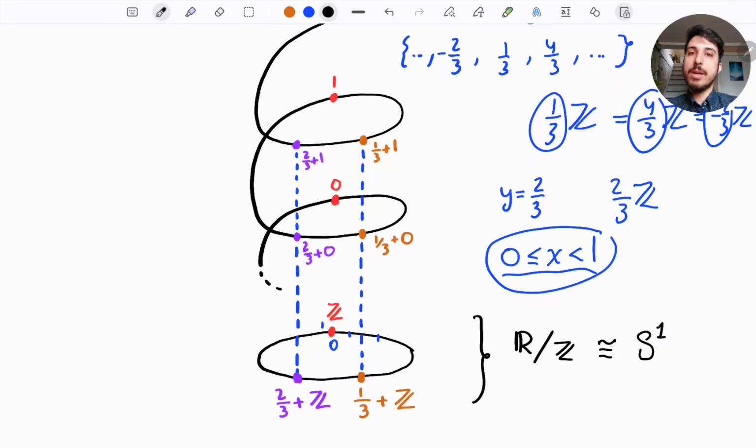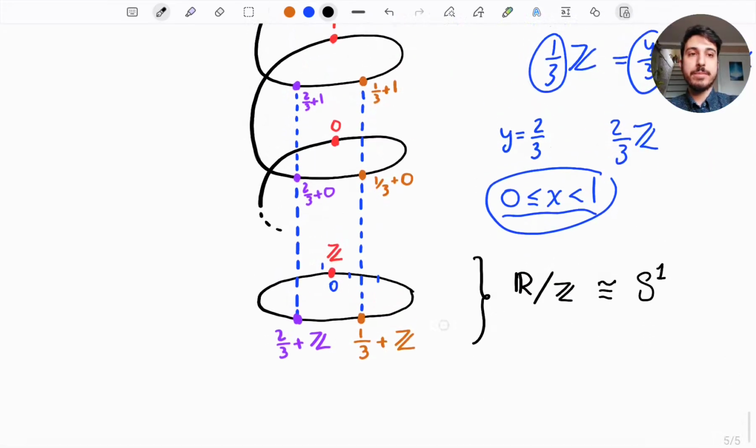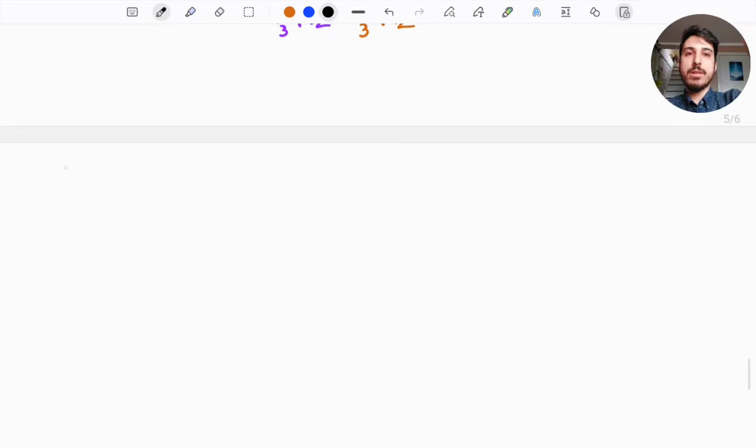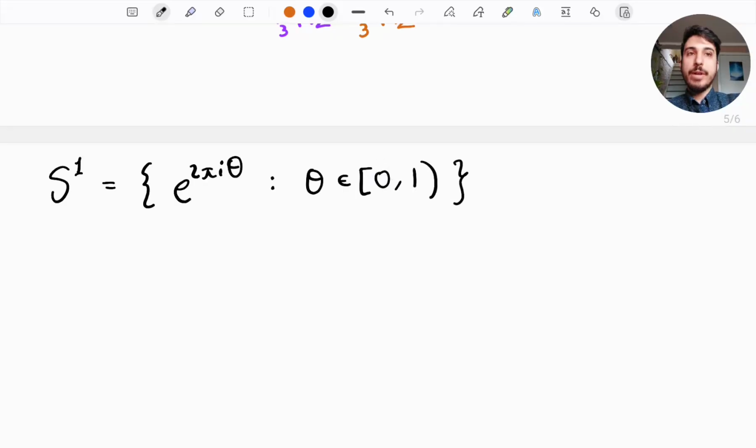How would we describe the unit circle as a group? That's a good question. So the unit circle, first of all, as a set, is equal to e to the 2 pi i theta, where theta is a number between 0 and 1. So for each point theta, we get a point on the circle given by e to the 2 pi i theta.